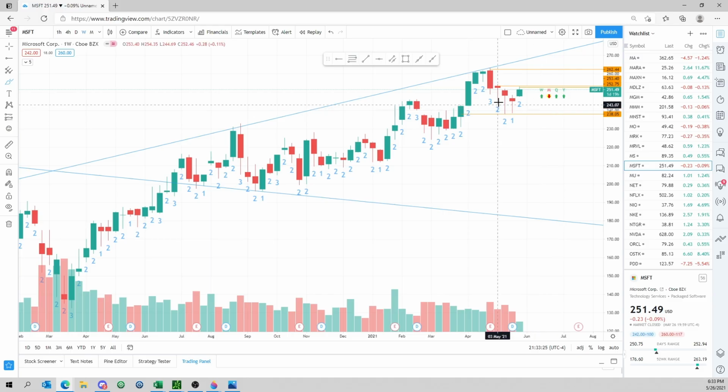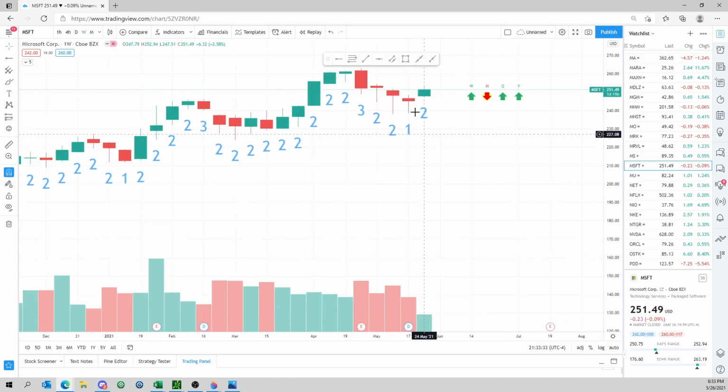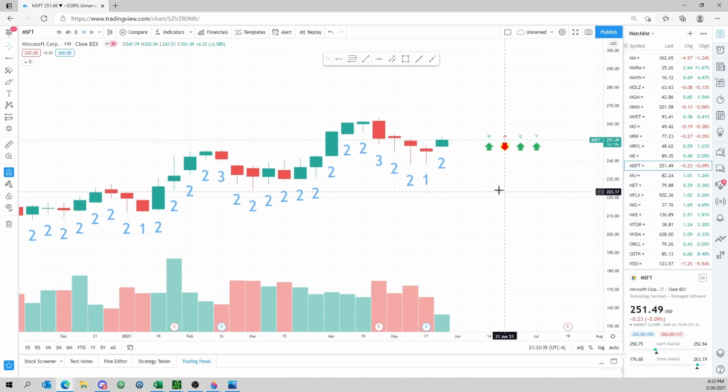Here's a good example for a reversal play right here, Microsoft. Okay, so this is on the weekly, so these are all valid as well. You can just see here with these wicks, by price action, we know what's happening. We're not wondering what's happening. We're not guessing what's happening. We know what's happening.